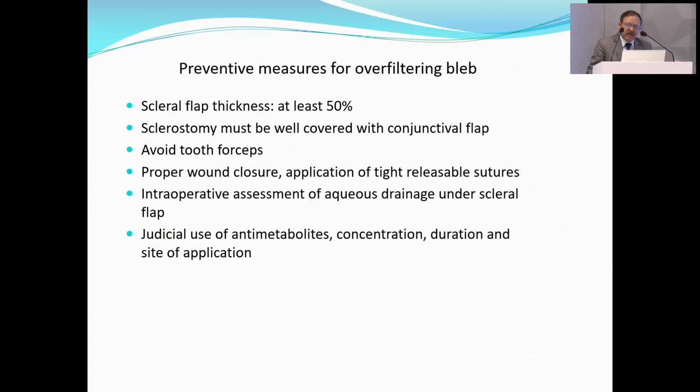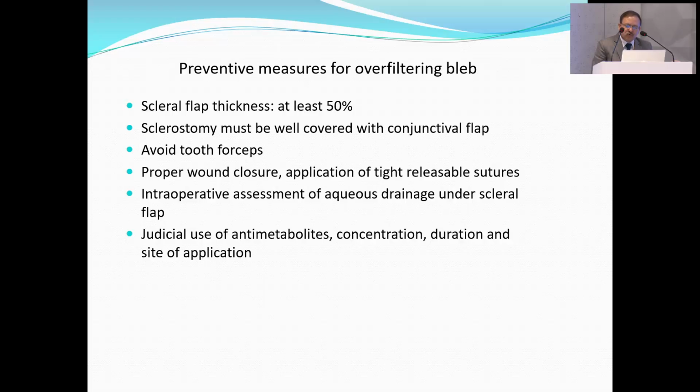So what are the preventive measures for overfiltering flap? While making the flap, see that your thickness should be at least 50 to 70%, and the sclerostomy must be well covered with conjunctival flap while suturing. Always avoid tooth forceps while handling the conjunctiva, because that is the culprit for causing buttonholing.